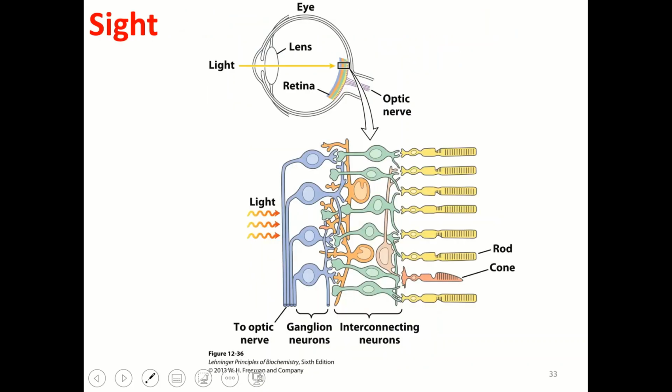Okay. All right, so we're going to move on to our second example that we'll see in some detail of a G protein coupled receptor. And that is in sight.